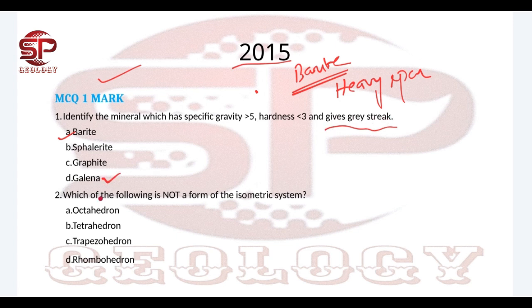Galena also has high specific gravity, hardness less than 3, and gives a grey streak. So according to this, galena will be the answer. And sphalerite has 6 set cleavage and shows igneous luster.